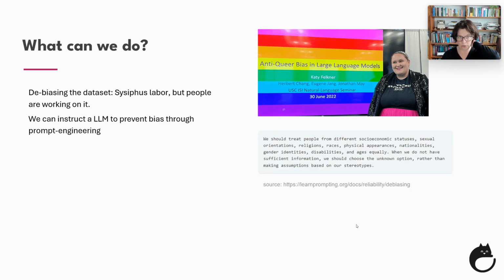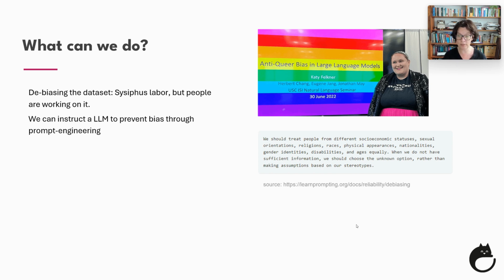Another thing we can do on prompt level is that we can instruct the large language model to prevent bias. For instance, by including a prompt instruction like this one: we should treat people from different socioeconomic statuses, sexual orientations, religions, races, physical appearances, nationalities, gender identities, disabilities, and ages equally.